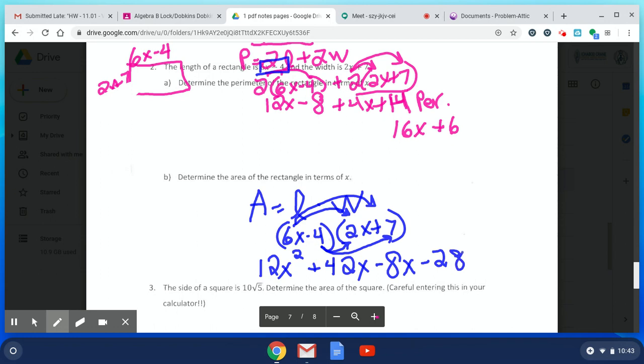And here we want to combine like terms. So again, we have positive 42x minus 8x is going to give us 34x in the middle. So the final answer for this one is going to be 12x squared plus 34x minus 28.